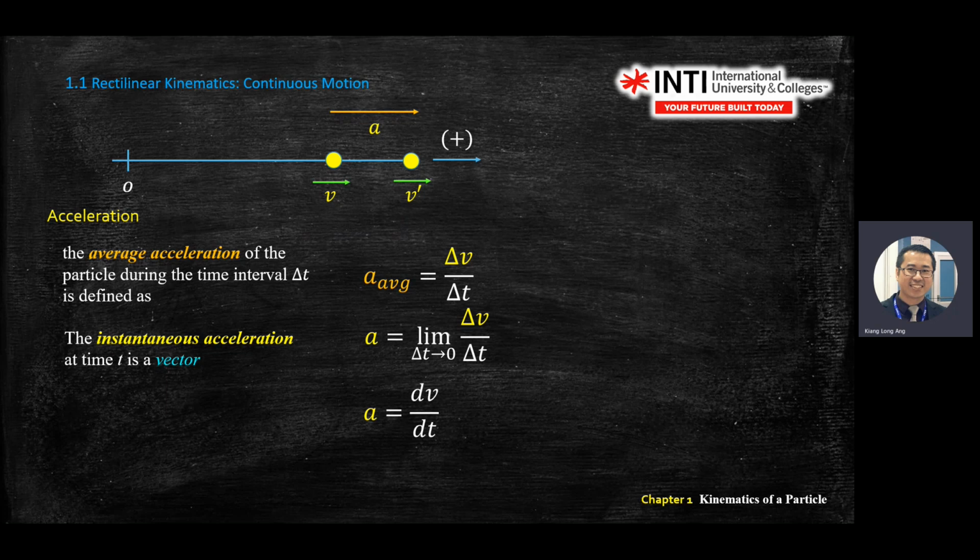Now, how do you apply this? Again, in engineering dynamics, you will not get constant values anymore. You'll get an equation like s equal to 2t squared plus 3.